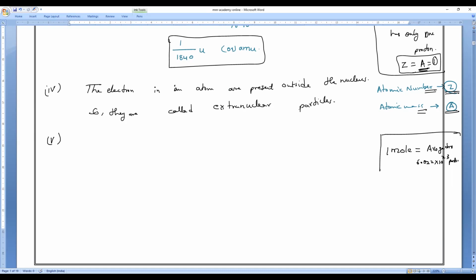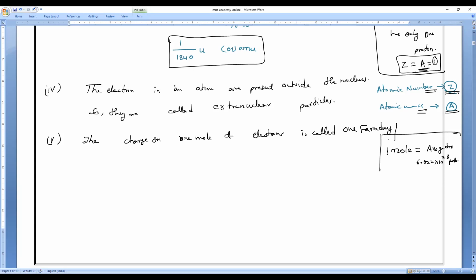So, if I take 1 mole of electrons, the charge on 1 mole of electrons is called 1 Faraday.